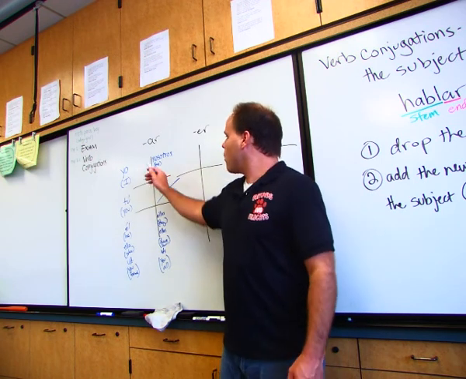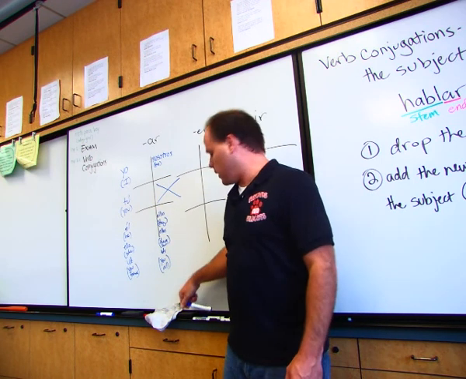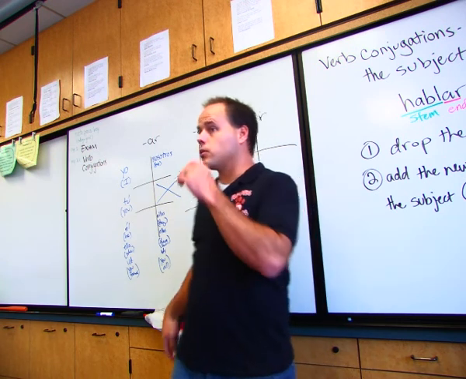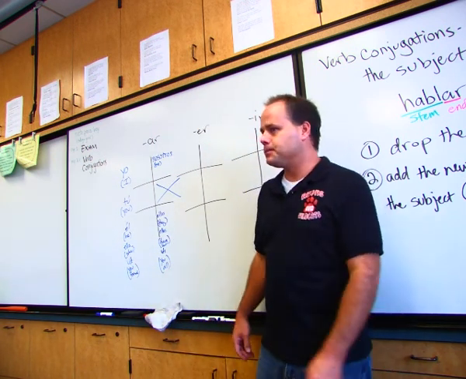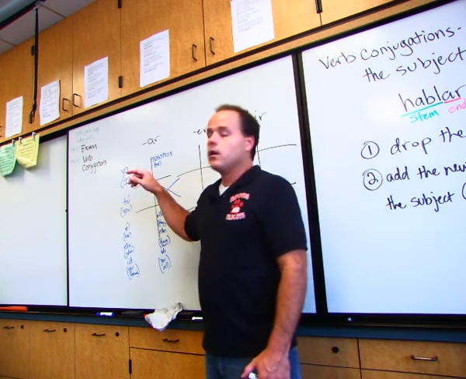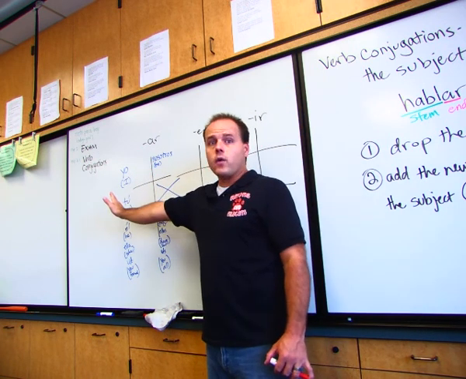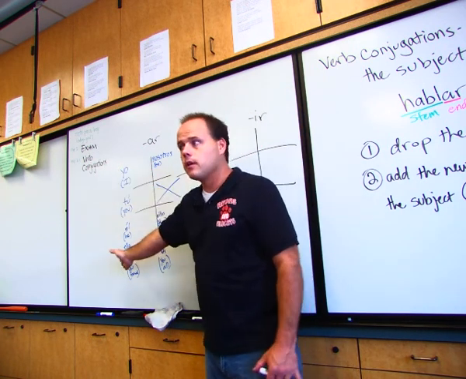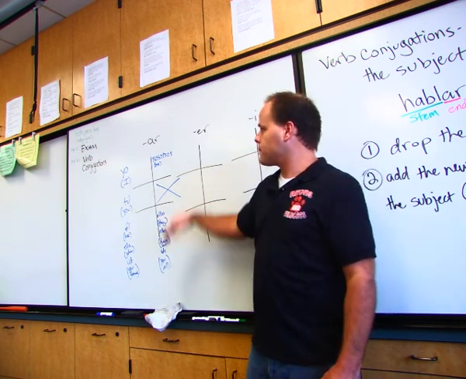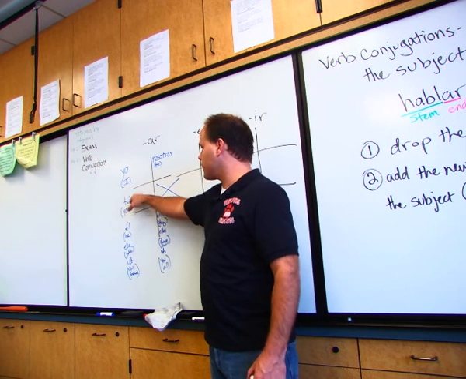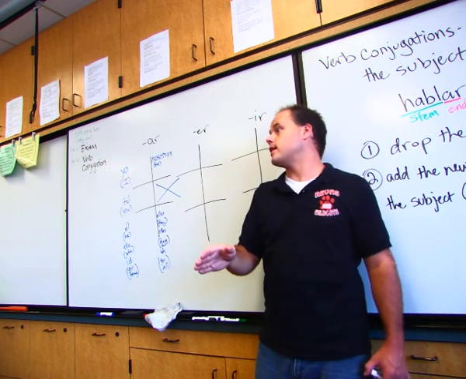Now, does anybody know why this chart is set up this way? Because there's actually a logical reason why. Has anybody caught it? Took me a while. On the left side, all of these are singular. On the right side, they're all plural. Then if you go from top to bottom, you have first person, second person, third person. That's why they set it up that way.